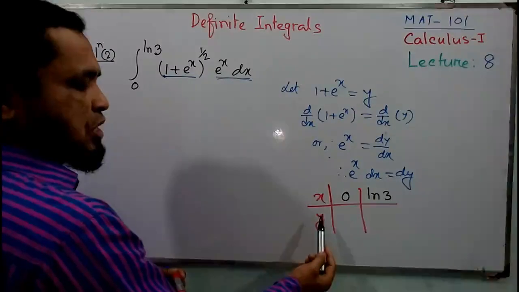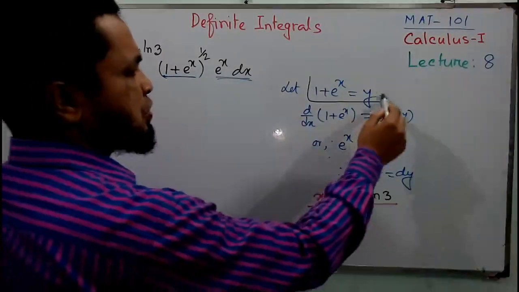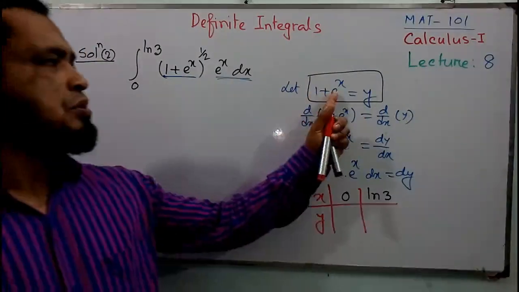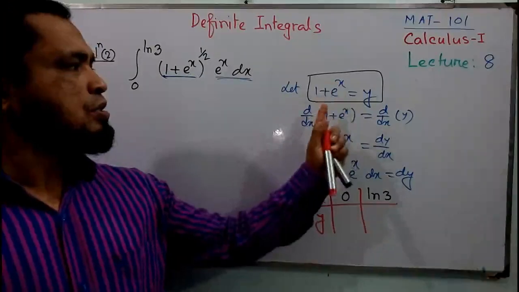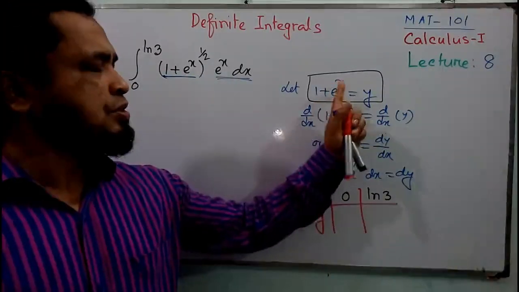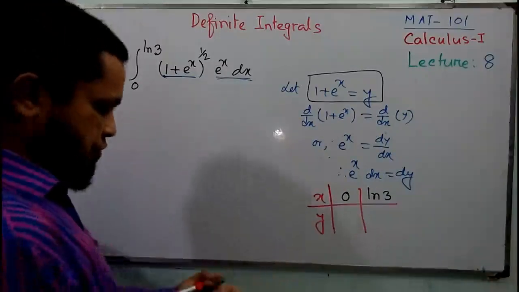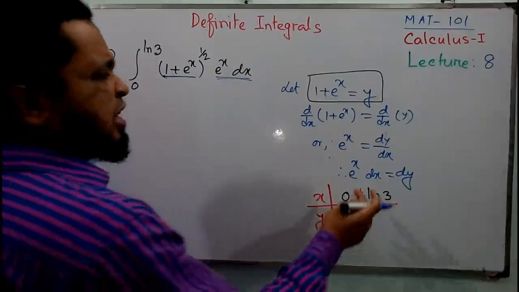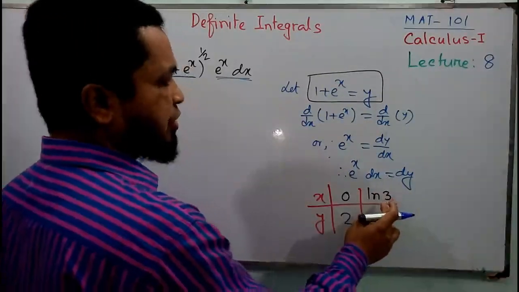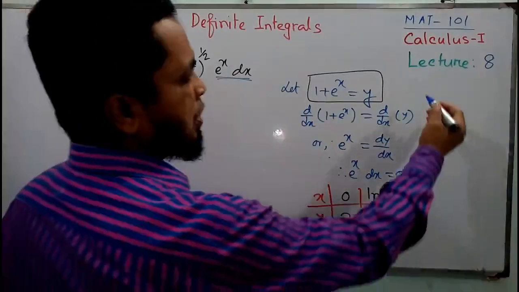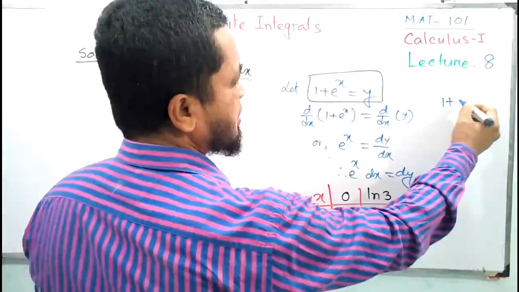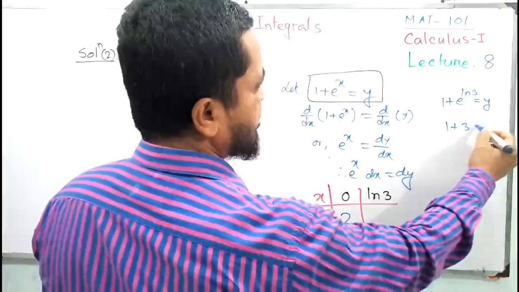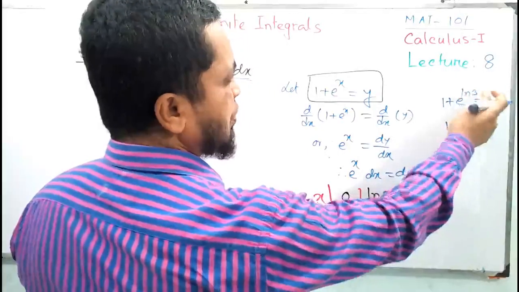You just apply the supposition equation and put the value 0 for x. Dear students, when x equals 0, what is the value of e to the power 0? e to the power 0 is 1. 1 plus 1, therefore the value of y is 2. When x equals ln 3, what is the value of y? That is 1 plus e to the power ln 3 equals y, that is 1 plus 3 equals y. As you know, e to the power ln x equals x.